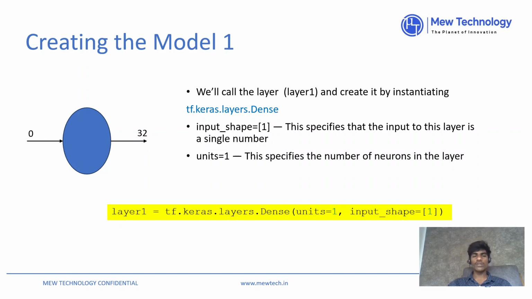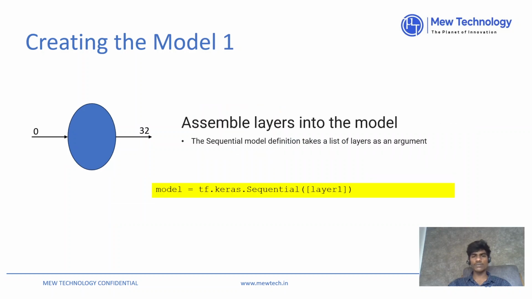Once we are done with the model creation, we go to the model assembly. What is assembling? In this problem we have only one layer, but normally deep learning models are not like this. There are many layers, and each layer has many neurons.